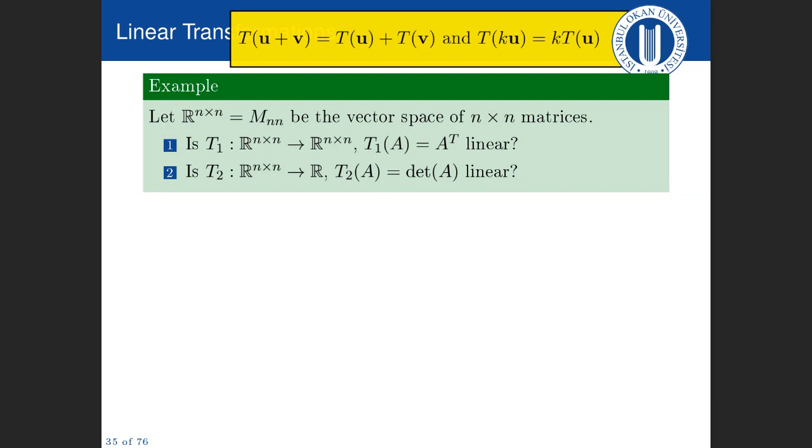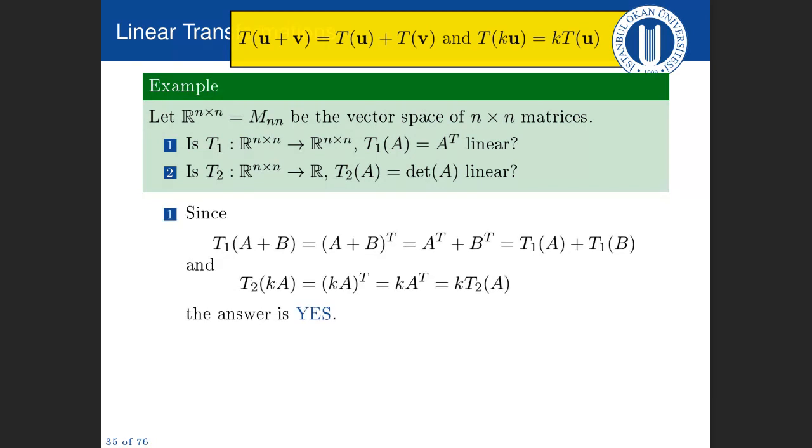Let's answer question 1 first of all. T1 of A plus B, or (A plus B) transpose, we know is the same as A transpose plus B transpose. So that's T1 of A plus T1 of B. And we also know that the transpose of kA is k multiplied by the transpose of A. So the answer is yes.